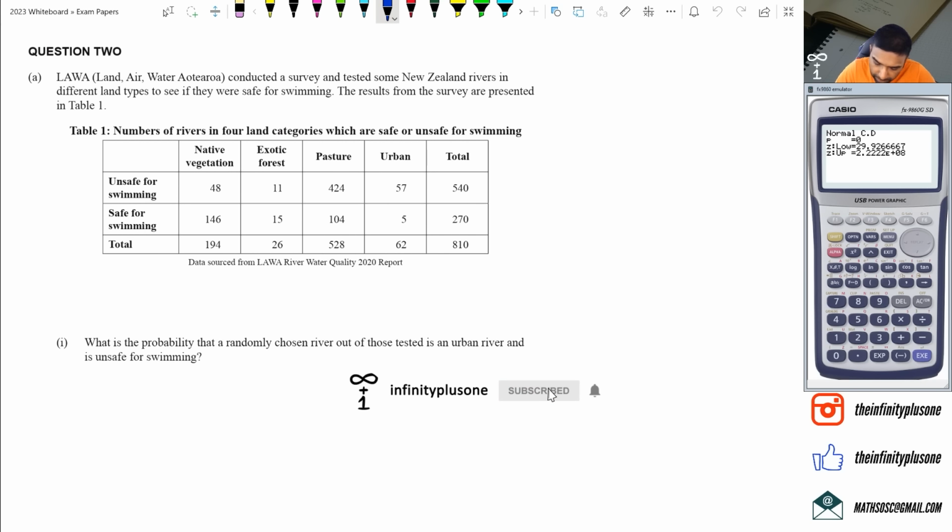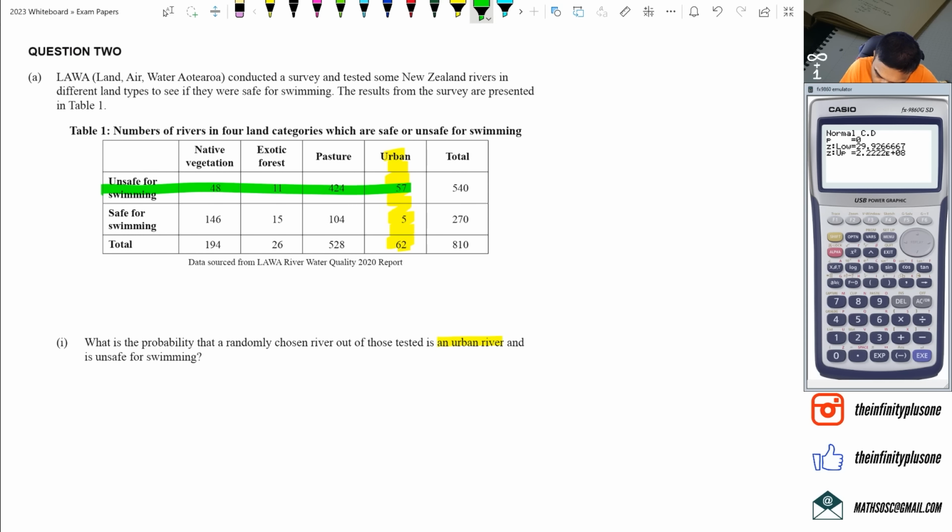What's the probability a randomly chosen river is an urban river and is unsafe for swimming? So we're actually looking at this one here. So this is going to be the probability of urban and unsafe, which is 57 out of 810.